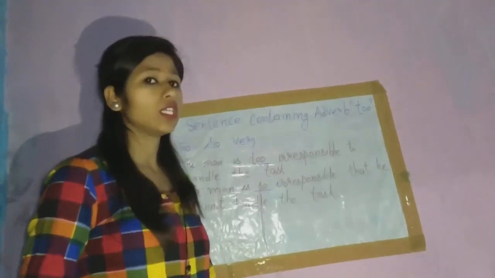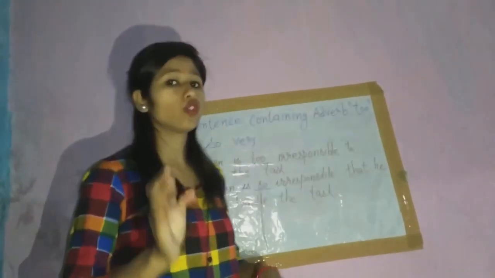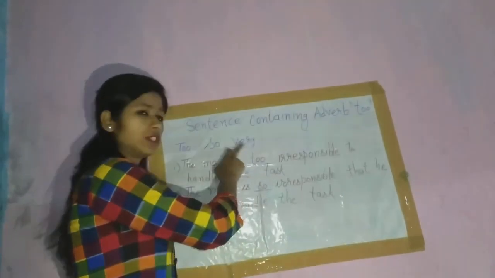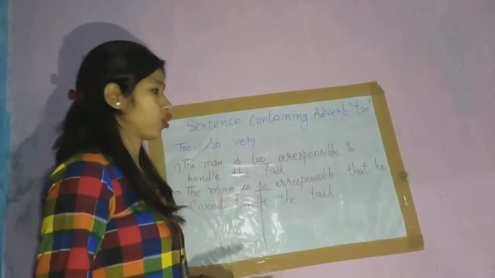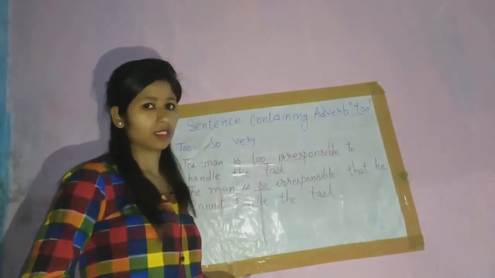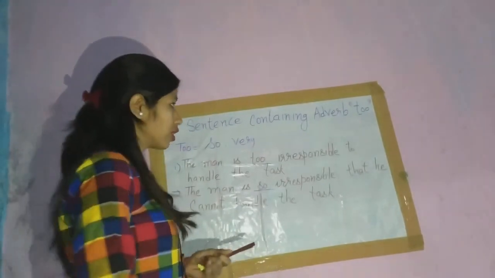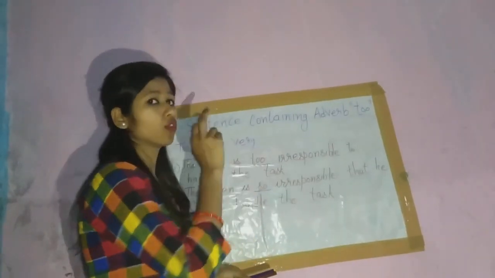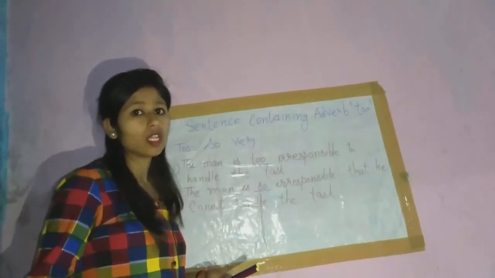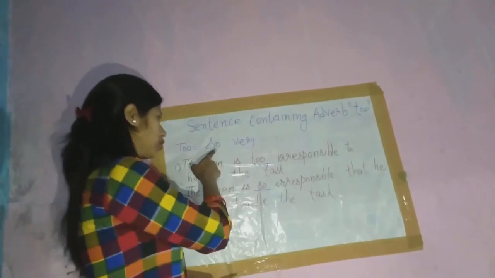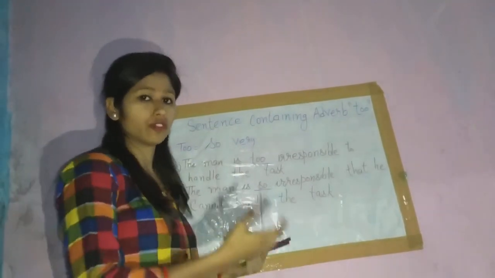So when we replace too, we have to use either of these words in the sentence. Also, make sure that it is the negative of the first sentence. If the sentence contains too, when it is interchanged, it will contain either so or very with the negative of the first sentence.